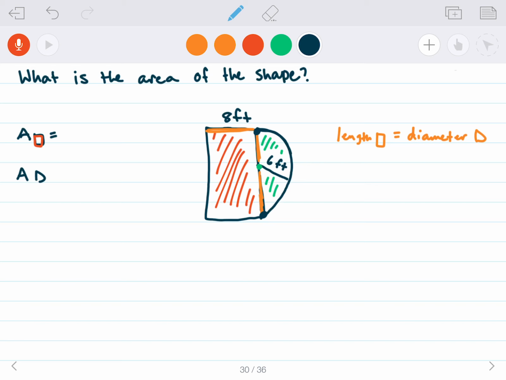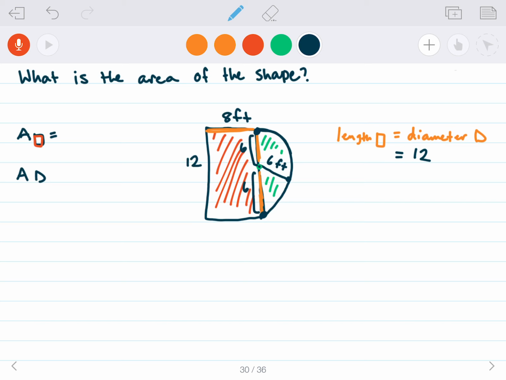And we can see here that the radius, the distance from the center to the edge, is 6 feet, which means that this little piece right here is 6 feet. So the total length of this is 12, right? It's the diameter, 2 times the radius. So the length of that guy is going to be 12 because that's the diameter of the semicircle.